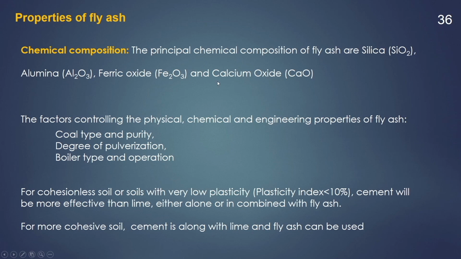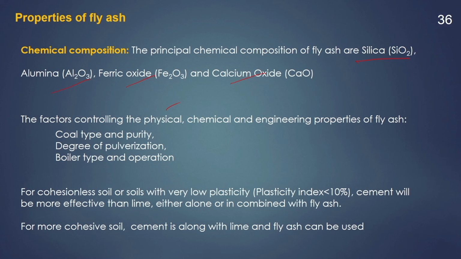The principal chemical compositions of a fly ash are silica, alumina, ferric oxide and calcium oxide, and there are different factors which can control the physical, chemical and engineering properties of fly ash.